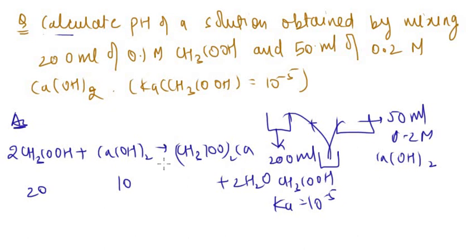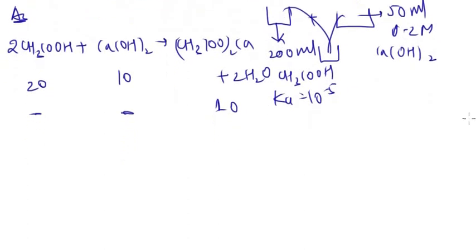If we apply the mole analysis, 1 mole of calcium hydroxide requires 2 moles of acetic acid, so both will cancel, and 1 mole of calcium hydroxide will form 1 mole of calcium acetate. So 10 millimole of calcium acetate will form.